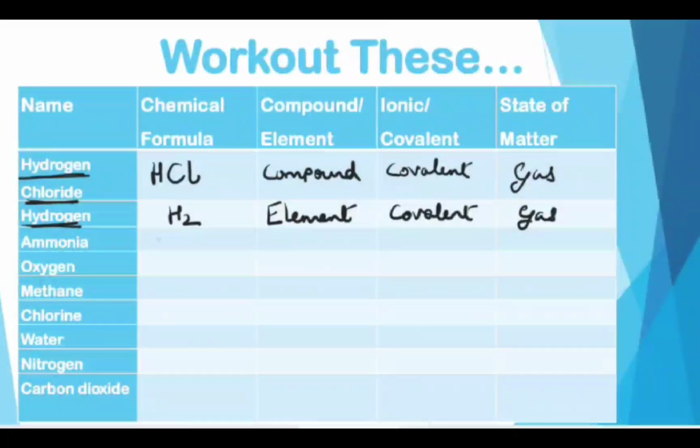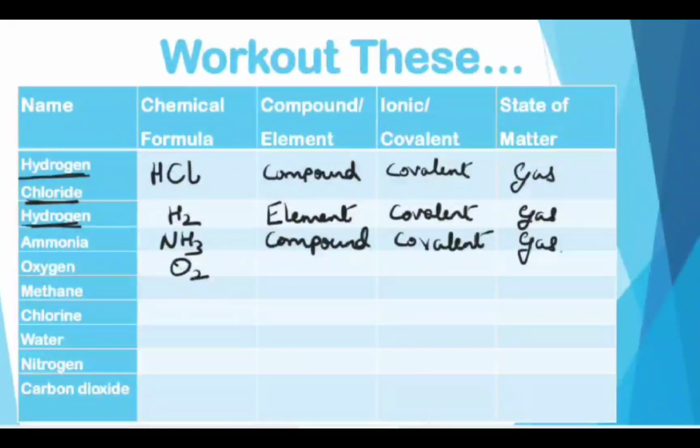Ammonia, chemical formula NH3. We just practiced the bonding. This is a compound, and two non-metals combining, so covalent bond, and this is also a gas.